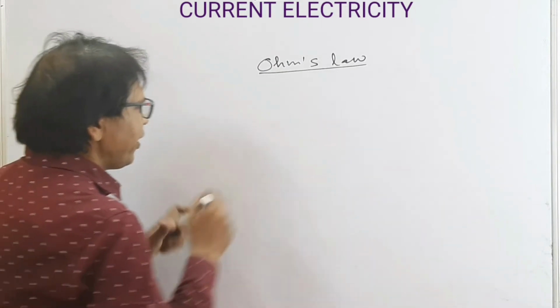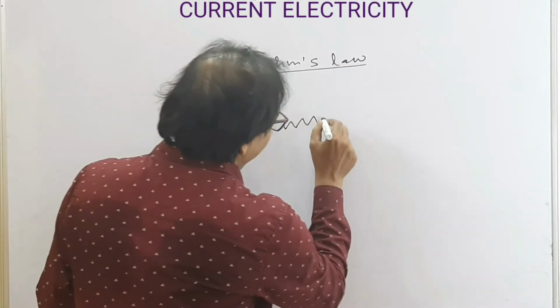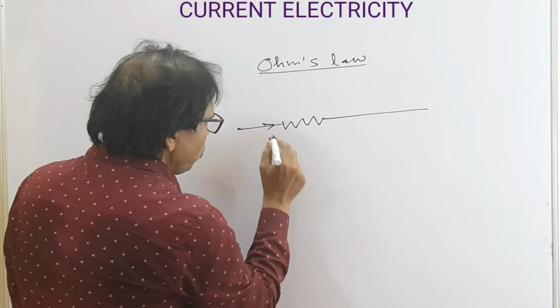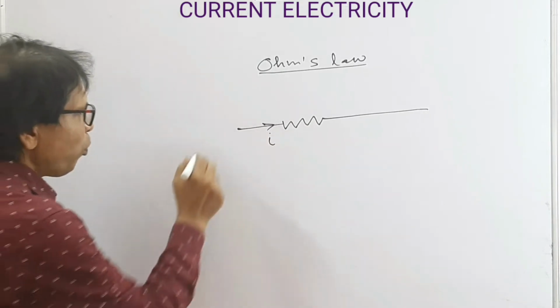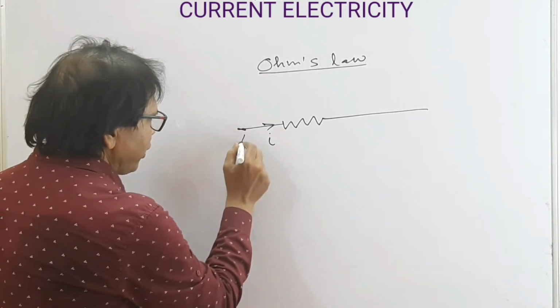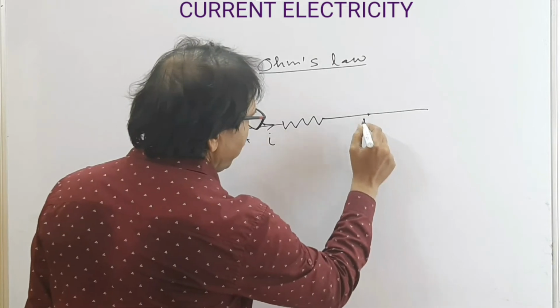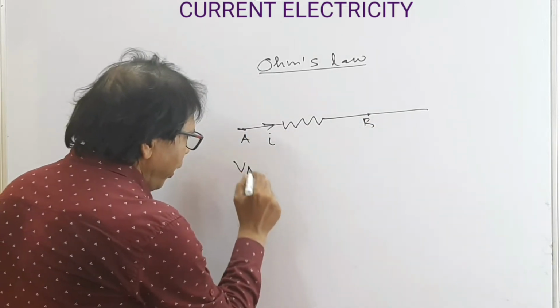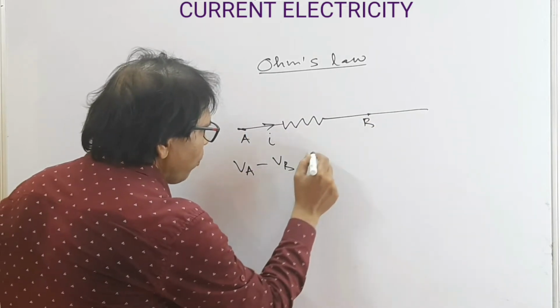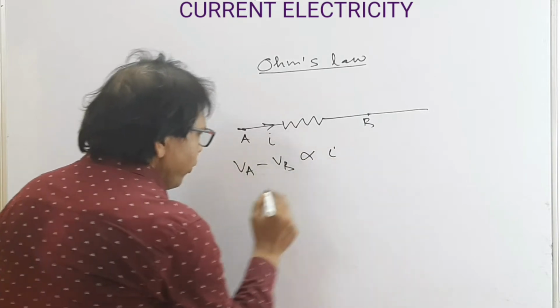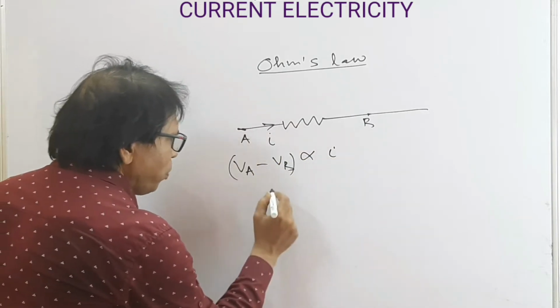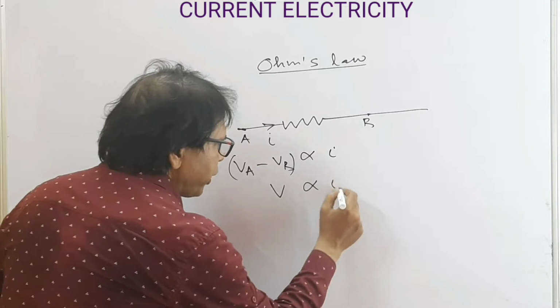Now look at this. Suppose this is a conductor, current flow through is I. So potential difference, this is the A, this is the B. So VA minus VB is proportional to I. Therefore, VA minus VB equal to V proportional to I.